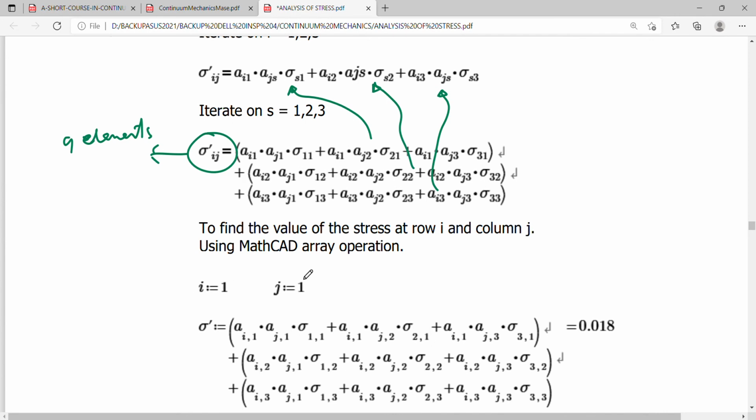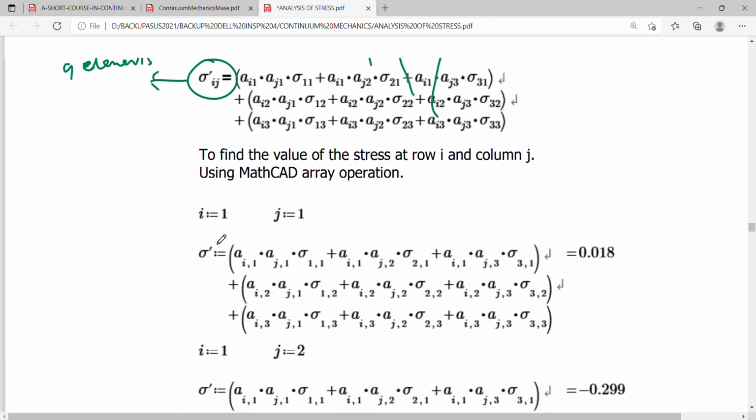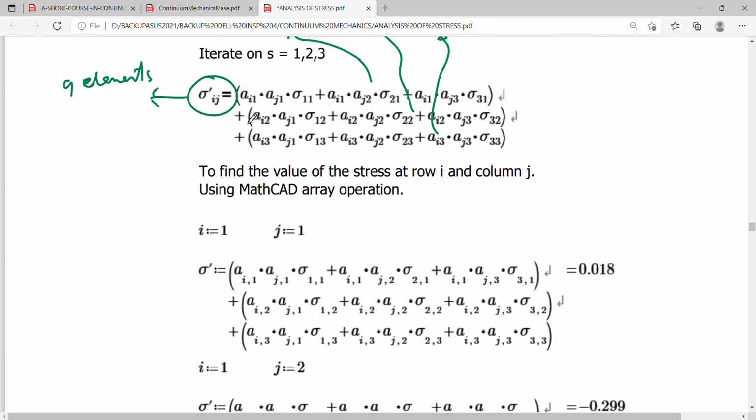And to find the value of the stress at row I and column J, of course I need a calculator to do it fast, so I use the MathCAD array operation. So I just define my sigma here on the basis of my array. Okay, so I just copied this I comma 1 j comma 1 because in MathCAD they use array operation in terms of a comma, no?